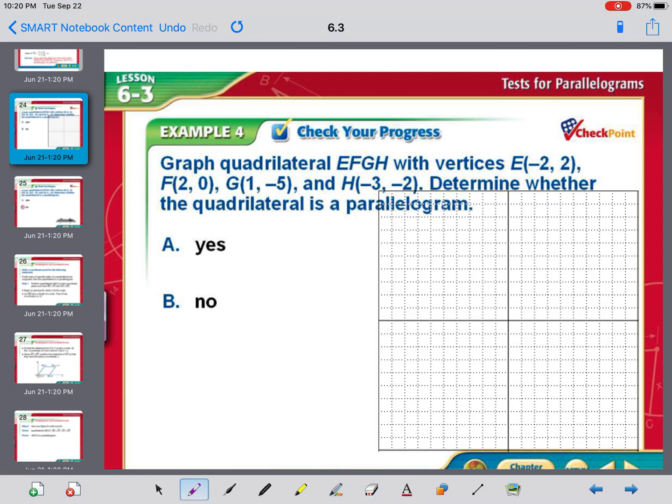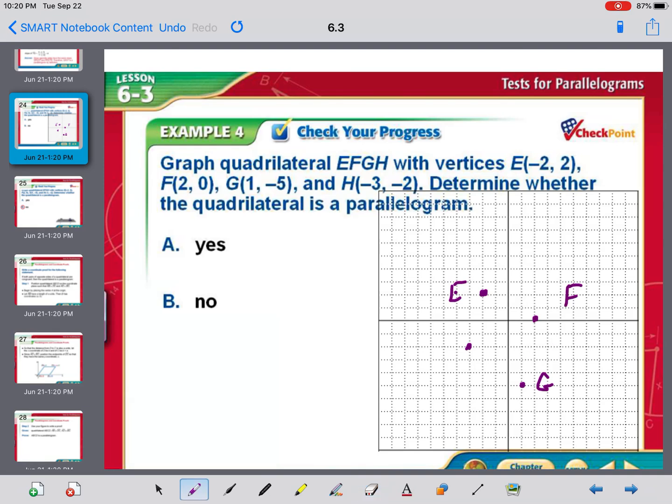Another problem, a similar story. E is at negative 2, 2. F is at 2, 0. G is at 1, negative 5. And H is at negative 3, negative 2.